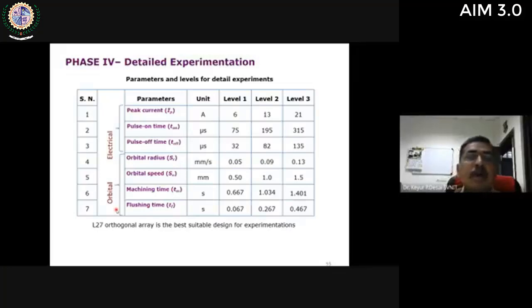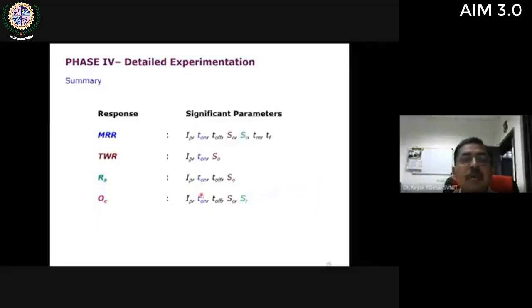And then we carried out detailed experimentation using radial strategy, wherein the electrical parameters and orbital parameters were studied for 3 different levels. L27 orthogonal array is the best suitable design for this experiment using Taguchi technique.